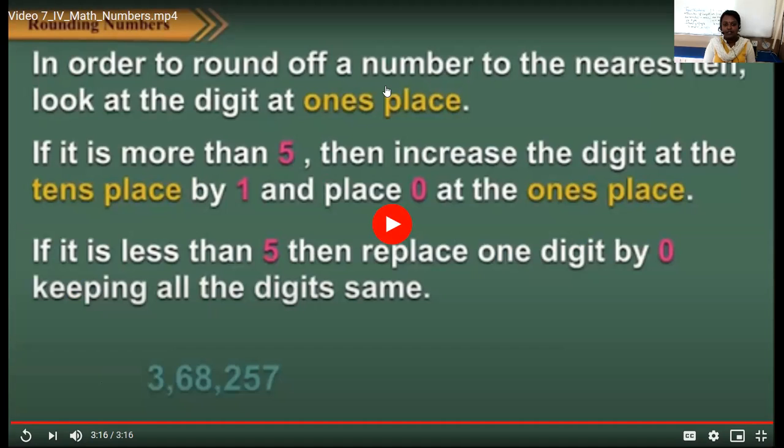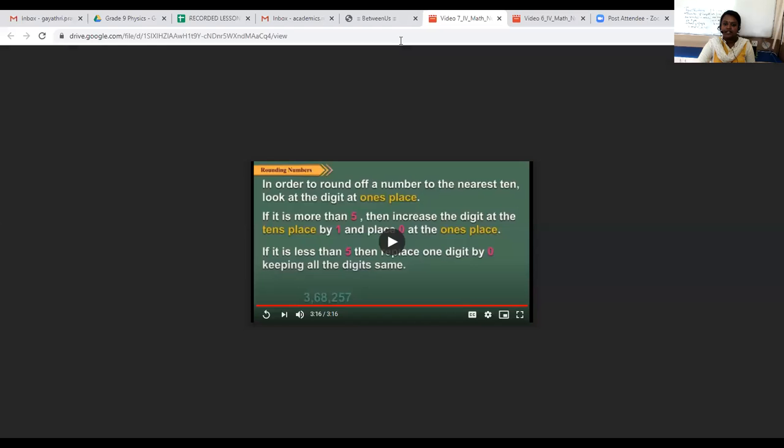Whereas if it is more than 5, then we increase the digit by one and fill the numbers towards the right with 0. So here, let us try with some small examples.